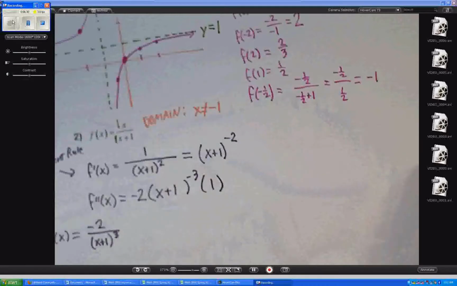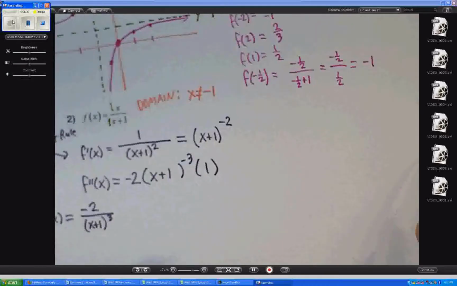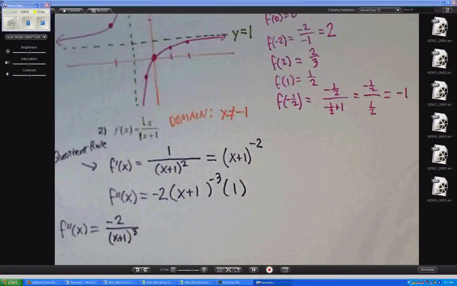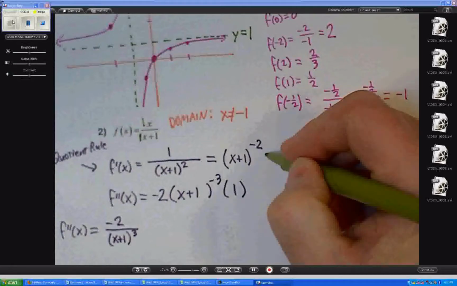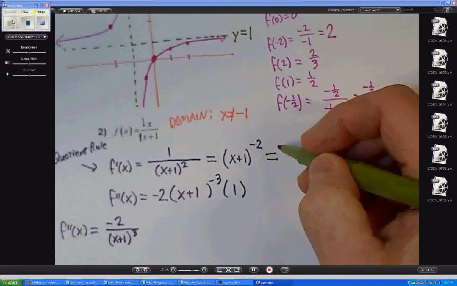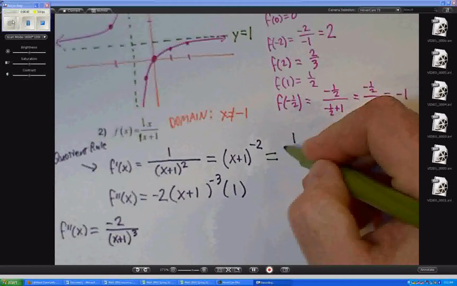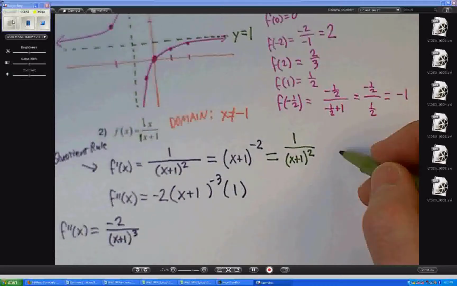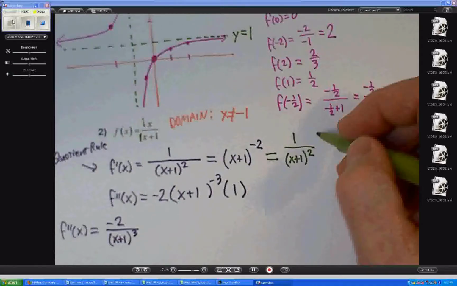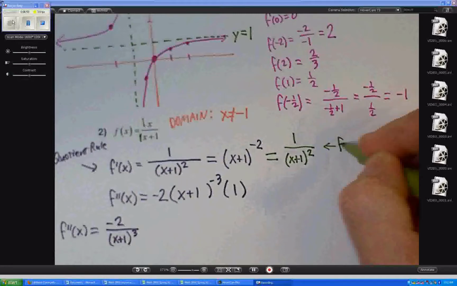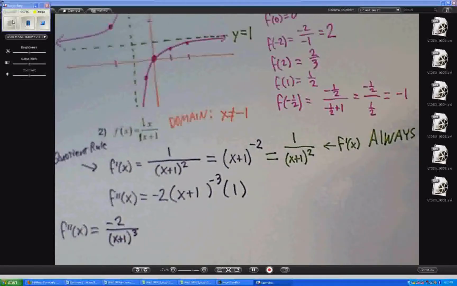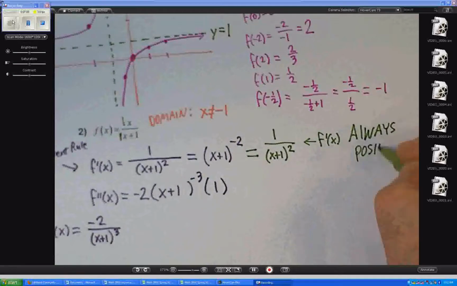if we were to do a first derivative test, let me do that over here. By the way, the first derivative is equal to, if I write it as a fraction, 1 over x plus 1 squared. Right? I'm going to point something out to you. I claim that f prime of x is always positive, except for -1 where it's undefined.